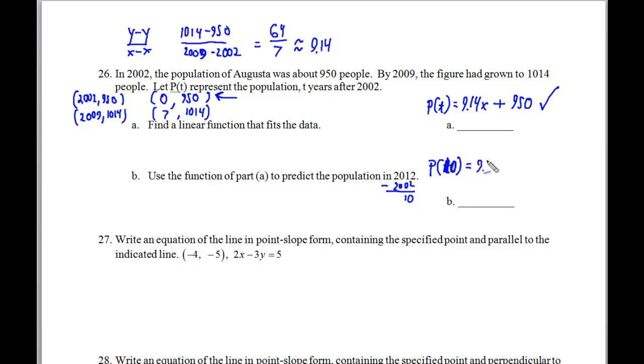We're going to go 9.14 times 10 plus 950. So it's going to be about 91.4 people, because that's what 9.14 times 10 is, 91.4, plus 950. So your answer is approximately, since this is an average or an approximation, 1041.4 people.